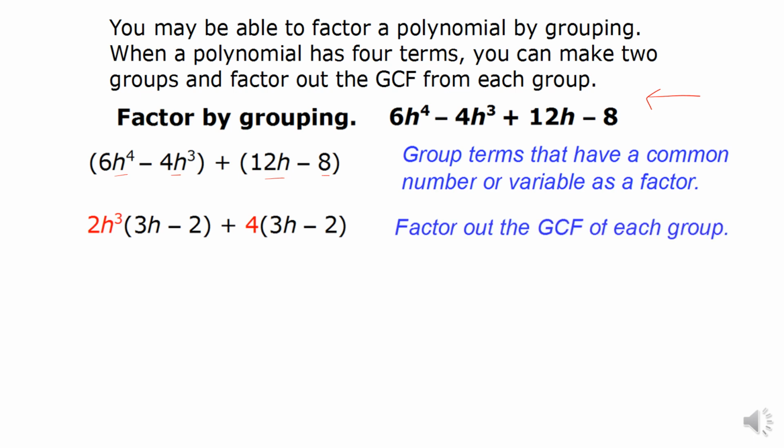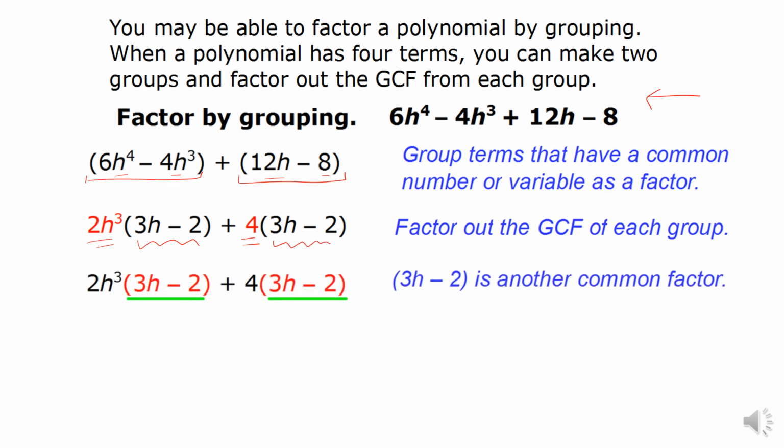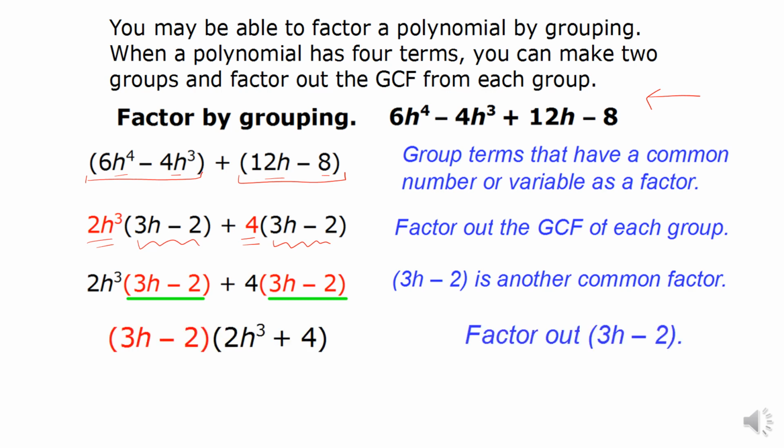The second step is to factor each parentheses, take out the GCF of each group. So you can see I did that here. So these both have that in common. After you've done that, then you'll notice that you have a common binomial factor. So what are we going to do there? We're going to factor that out. So there we are, and we've factored by grouping.